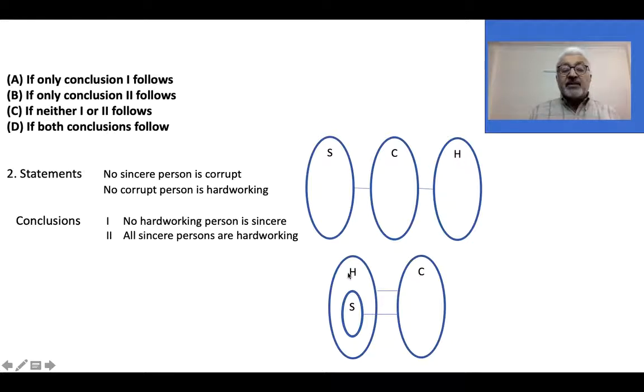Corrupt and hardworking are also away from each other. But it is also showing that there is some overlap between sincere and hardworking. So can I confirm that no hardworking is sincere? Although this shows that no hardworking is sincere may be true, it does not confirm it. Hence, I will not be able to conclude that no hardworking is sincere.